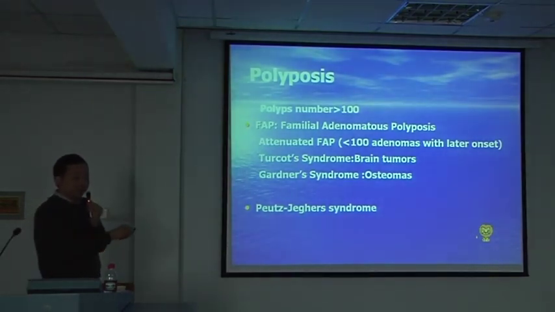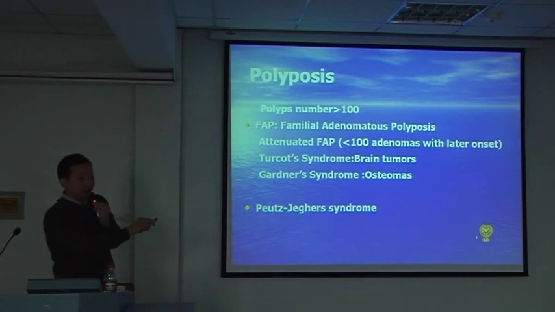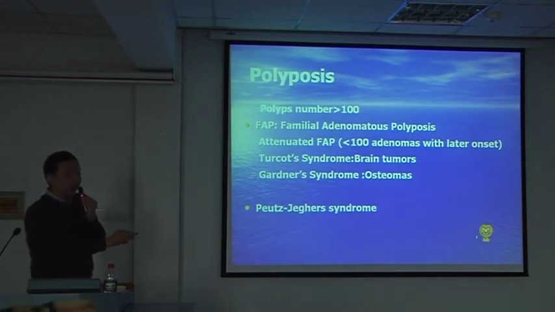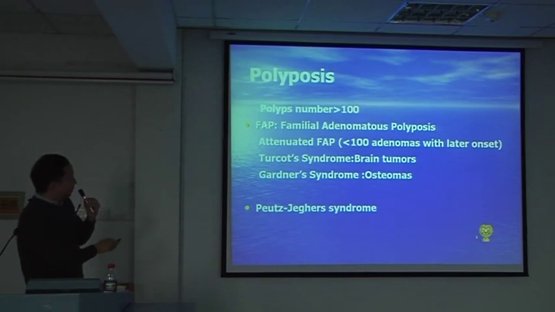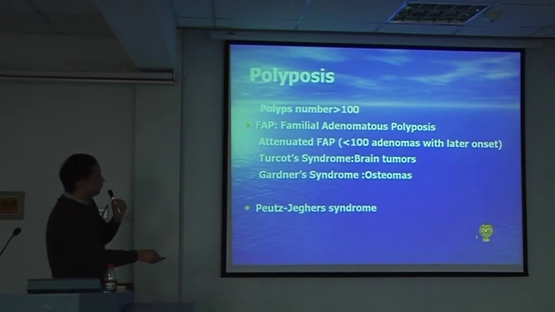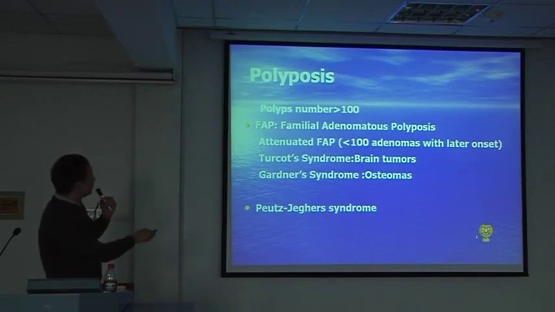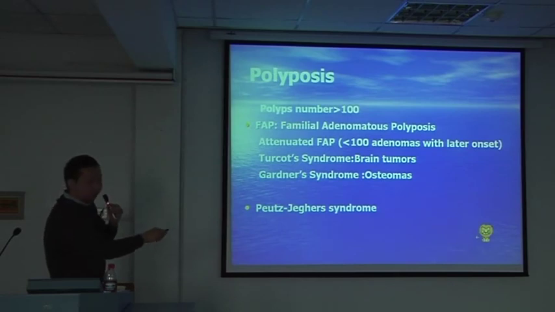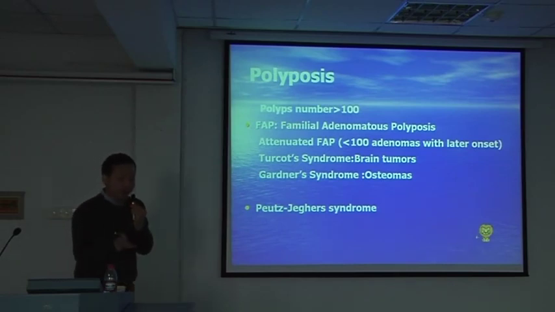And another concept is, what is polyposis? Usually in polyposis, the number of polyps is more than 100. So in clinic, FAP is much more common than Peutz-Jeghers syndrome. FAP, from the name we can see it's familial, so it's a hereditary disease.